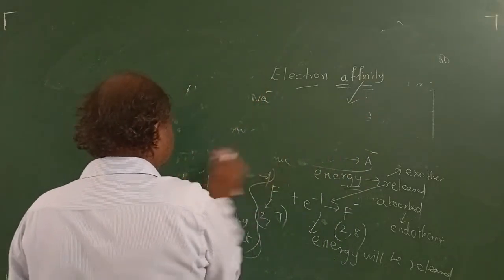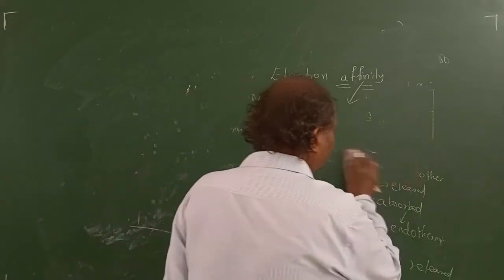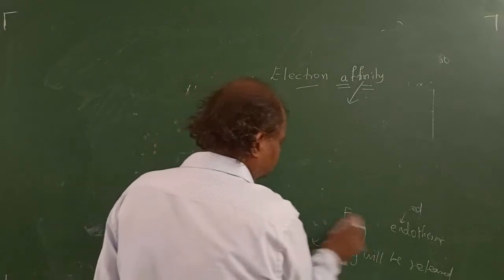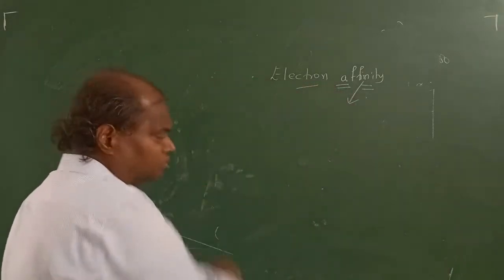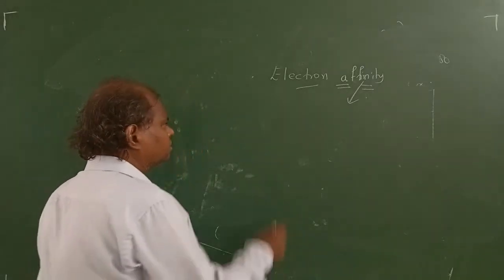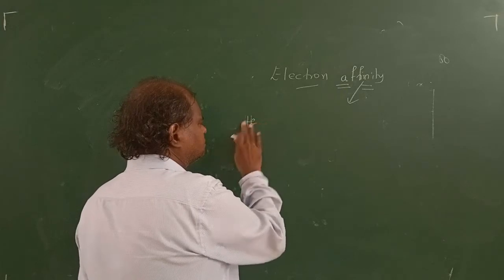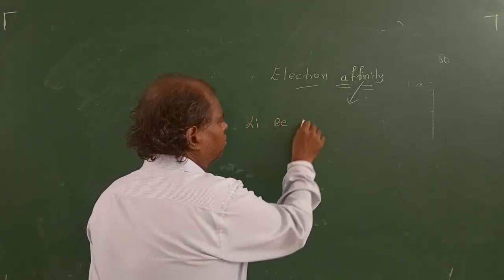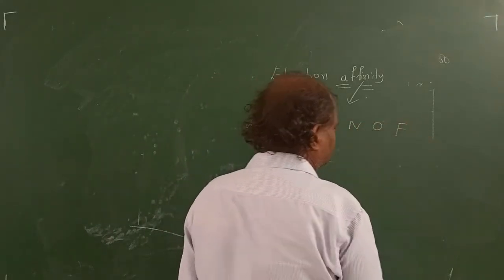Fine, students. Now let's see how this goes across the period and group. Very easy now. Suppose I take lithium, beryllium, boron, carbon, nitrogen, oxygen, fluorine.